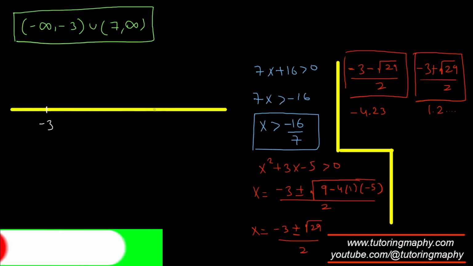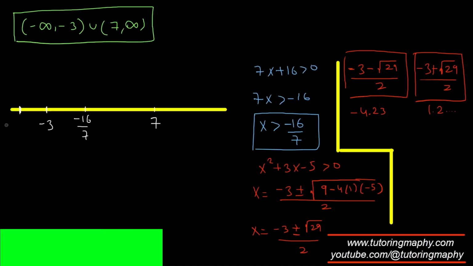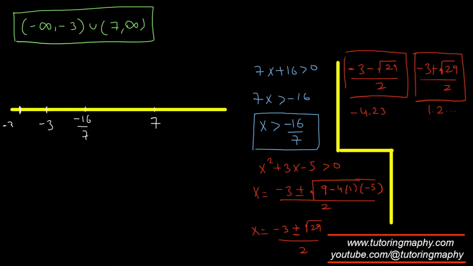So negative 3 is somewhere here, 7 is somewhere here, negative 16 over 7 is probably somewhere here. This is negative 4 point something. So this point is negative 3 minus root 29 over 2, and 1 point something is negative 3 plus root 29 over 2.